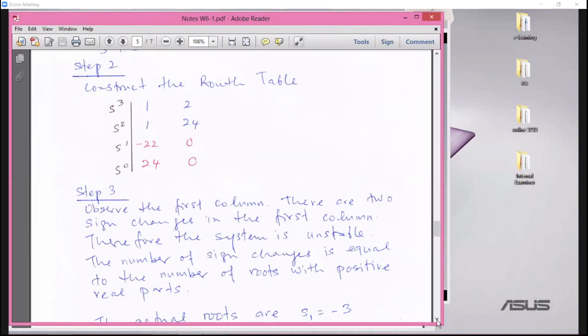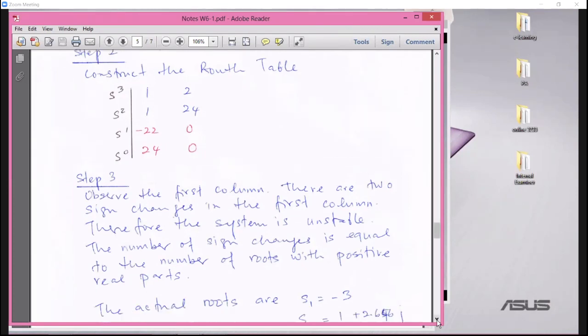There's a question in the chat box. The question asks about the Routh method. Is there any criteria? Most of the time, the question will not ask you which method you should use. The question will ask, determine the stability of the system. That's it. And then it's up to you whether you want to find the exact roots or the Routh table, unless the question specifically says to use the Routh criterion to determine whether the system is stable or not, then you have to develop the Routh table.